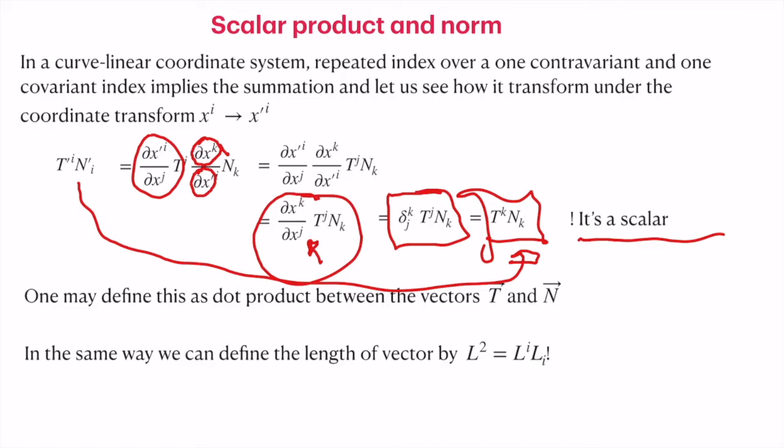Now one of the advantages here is that the dot product allows you to have a relation between the lower and upper indices, that is, covariant and contravariant, because the length of the vector is basically the product between the upper and lower indices, and that can be exploited to figure out the relation between the upper and lower indices.